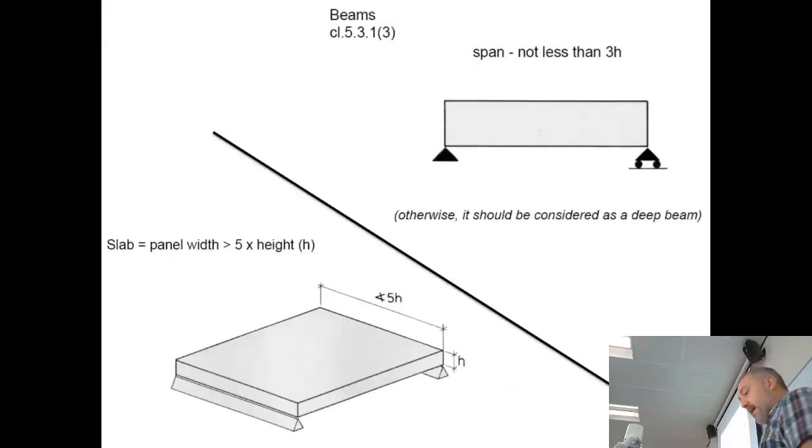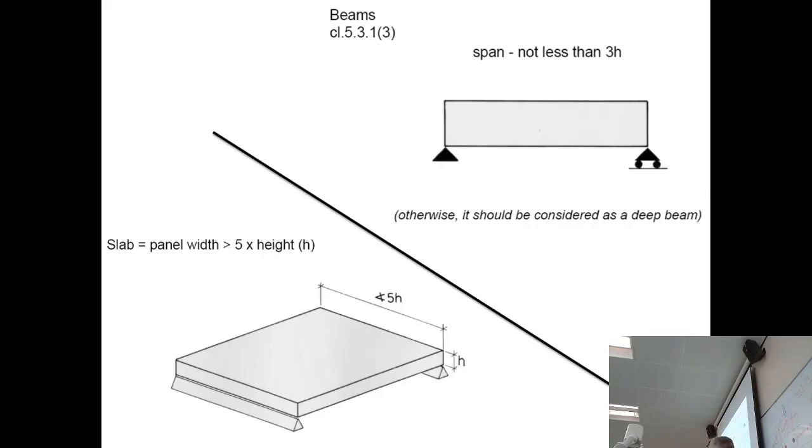In clause 5.3.1, it starts defining what a deep beam is. So if your span is less than 3H, then it would be considered a deep beam. You would design them differently to what I'm going to be showing you for beams.